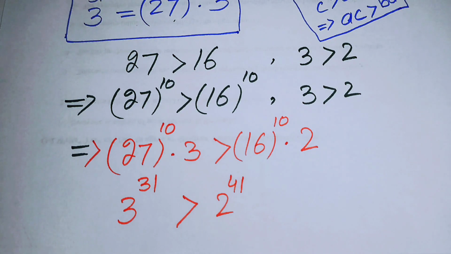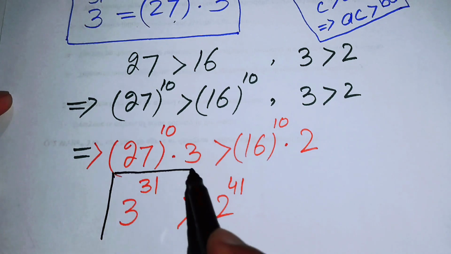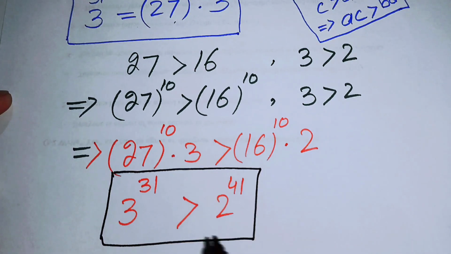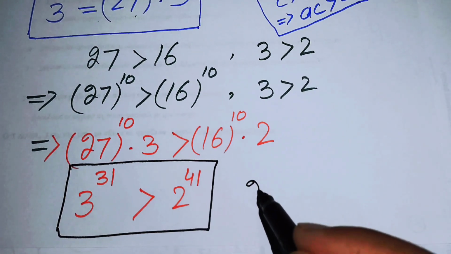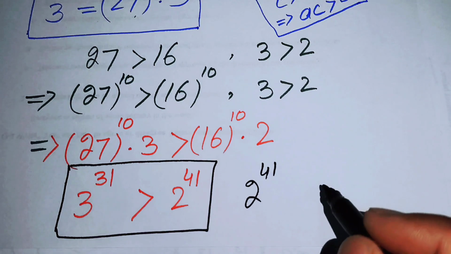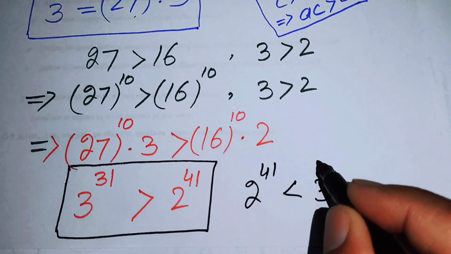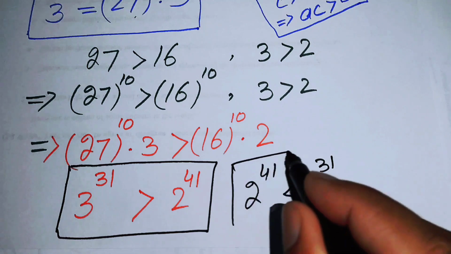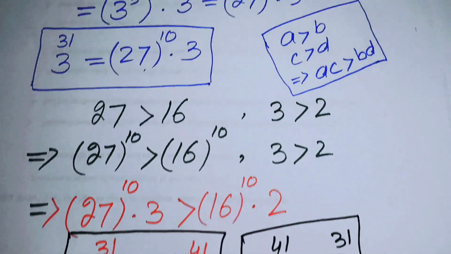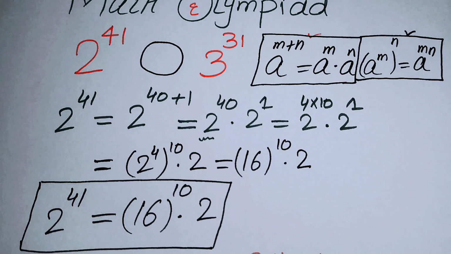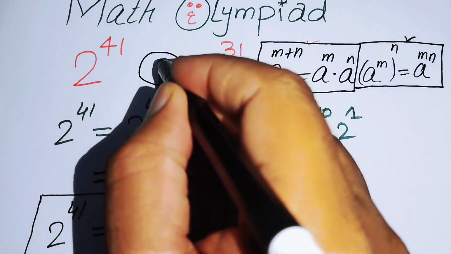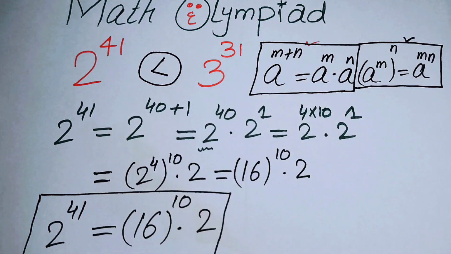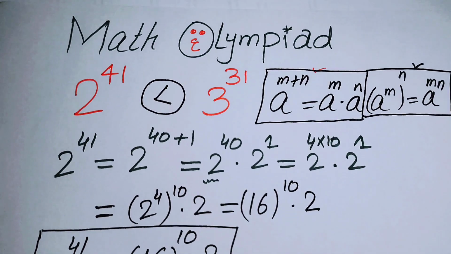So our final conclusion is this: the number 3 to the power of 31 is greater than 2 to the power of 41, or the number 2 to the power of 41 is less than 3 to the power of 31. So this is our final conclusion of this question, and here you write 2 to the power of 41 is less than 3 to the power of 31, and this is our final answer.